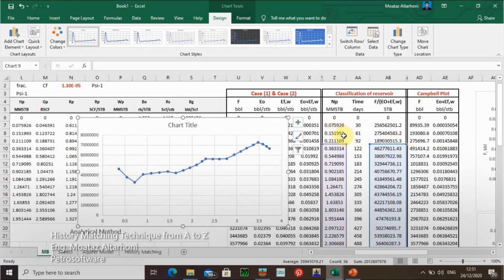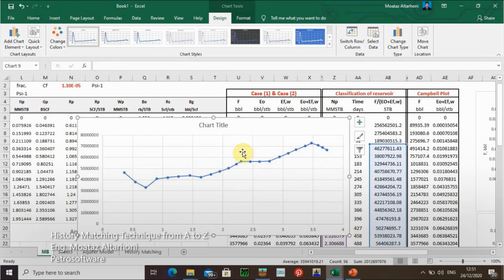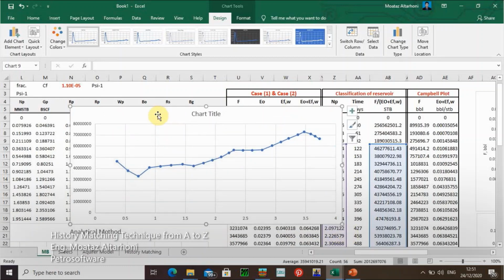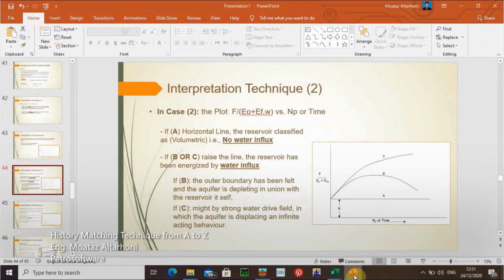Yeah, always the first points cannot have a high effect on our reservoir. So from this I can decide how it looks compared with the original case.